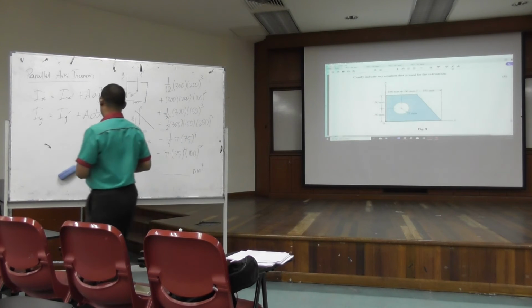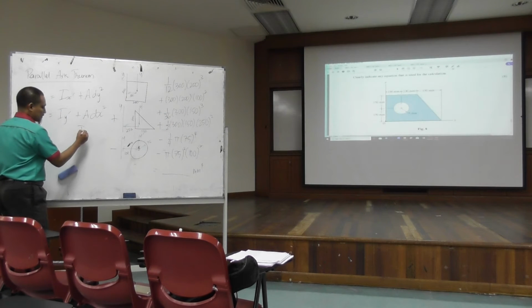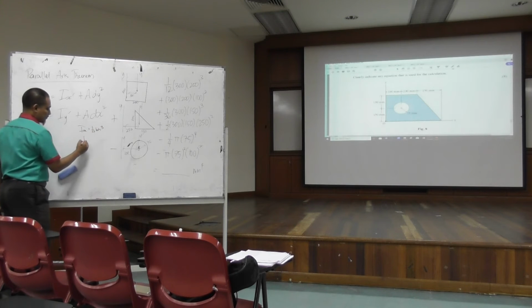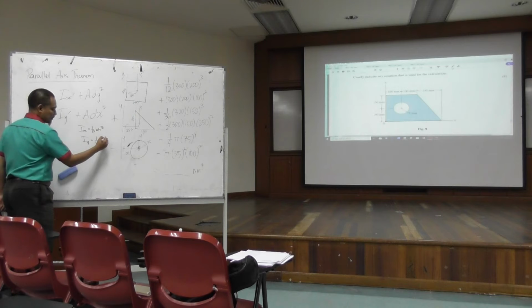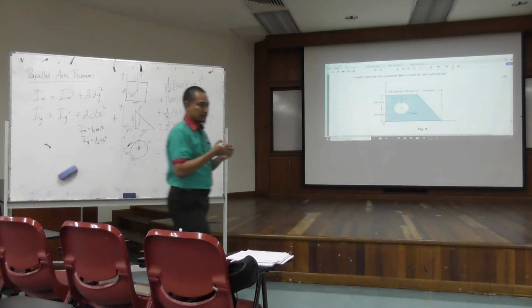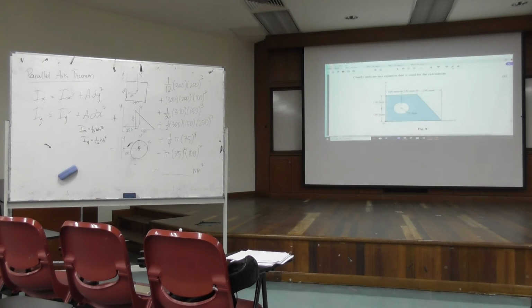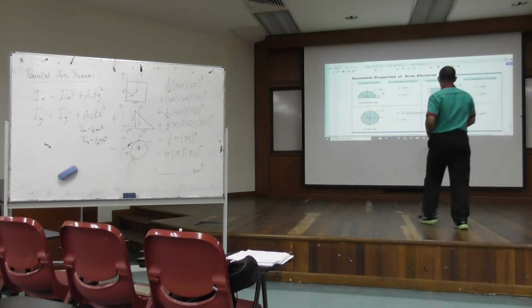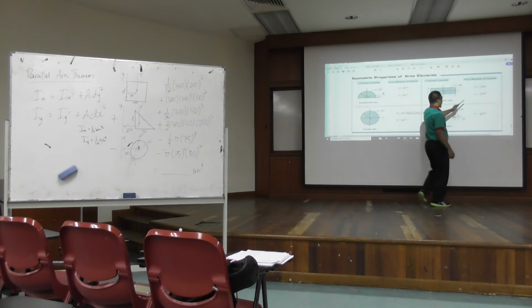Ix and Iy. So if Ix is 1/12 BH cube, Iy becomes 1/12 HB cube. So it's basically rotated. If you look at the table, you can see 1/12 BH cube, 1/12 HB cube.